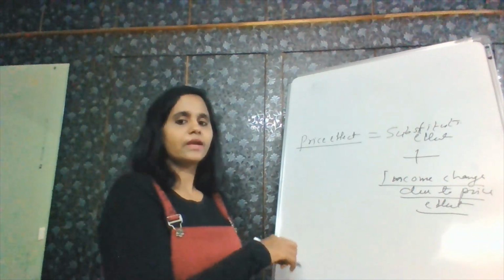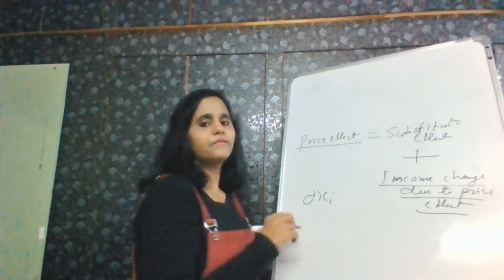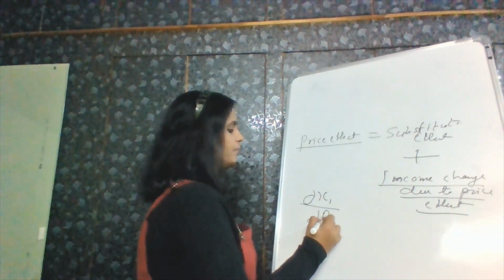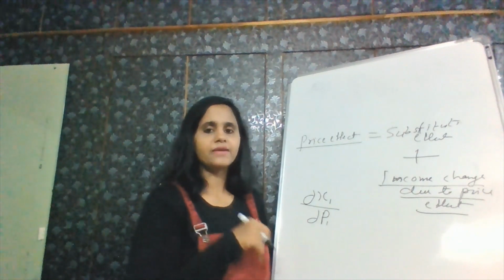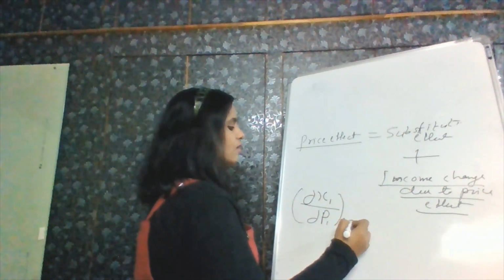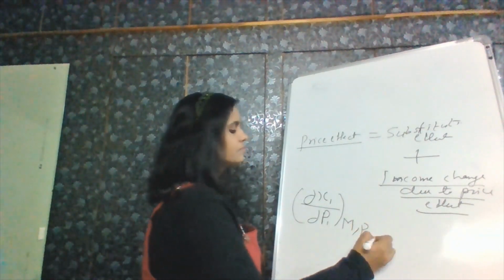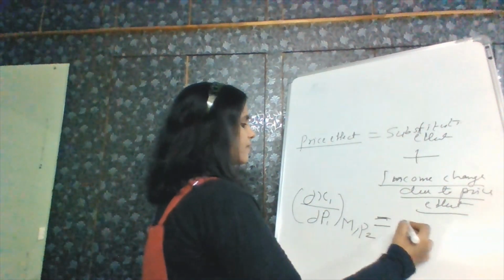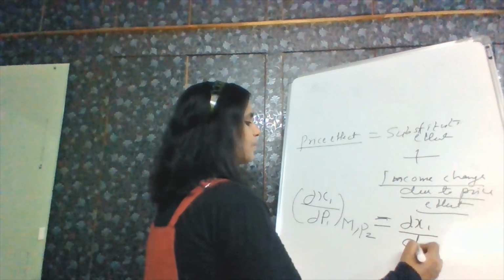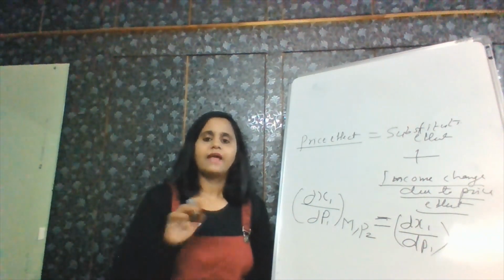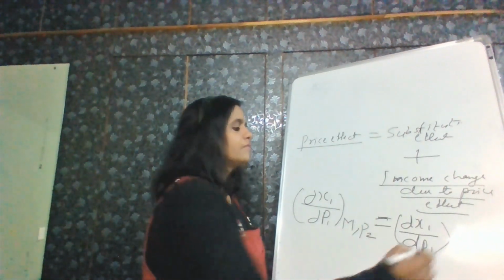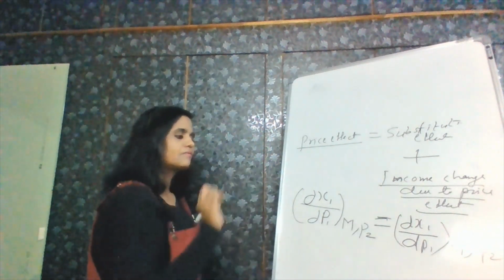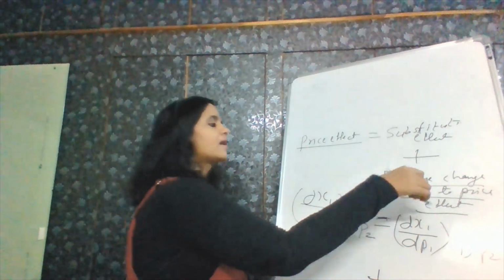The price effect here is dx1 by dp1, the change in x1 when you change the price of 1, keeping your income constant and the price of the other good constant. This is equal to your substitution effect, dx1 by dp1, the change in x1 when p1 changes while keeping your utility constant and price 2 constant, plus your income change due to price change.